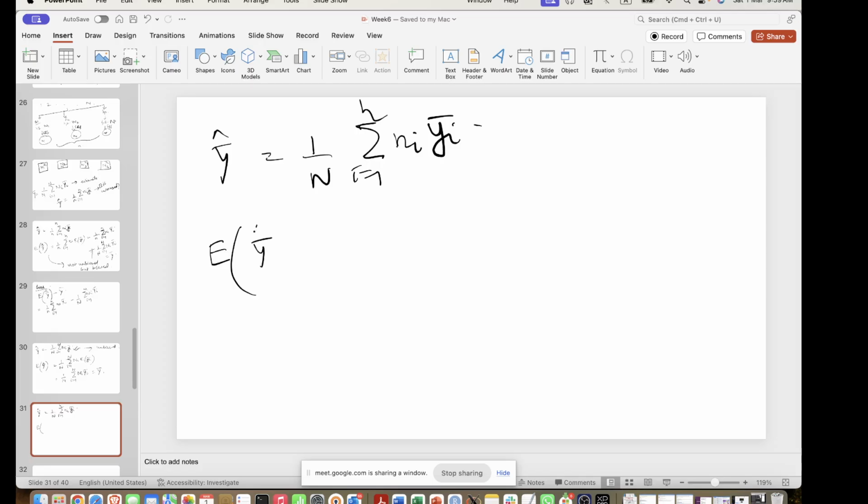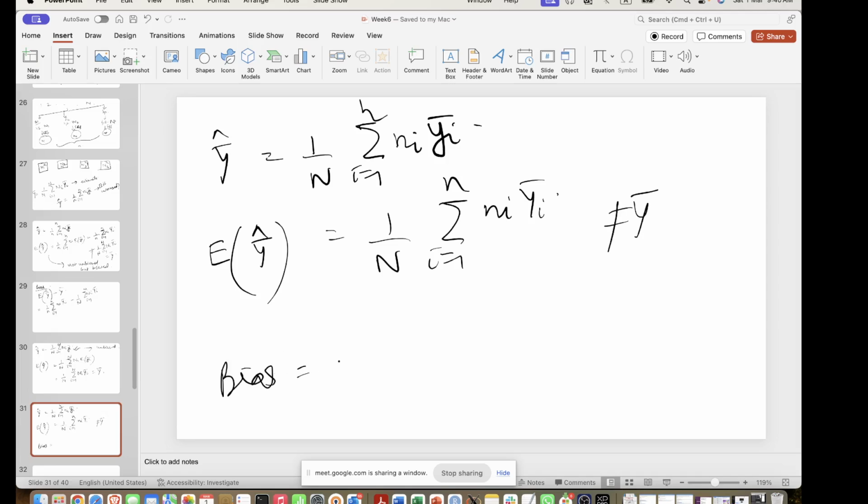In that case expectation of y hat bar will be 1 by n summation i equal to 1 to small n of ni times expectation of yi bar, which will be capital Yi bar. But this is also not equal to y bar. So the bias would be expectation of y hat minus y bar. If you subtract y bar from this, whatever result you get would be the bias in your study.